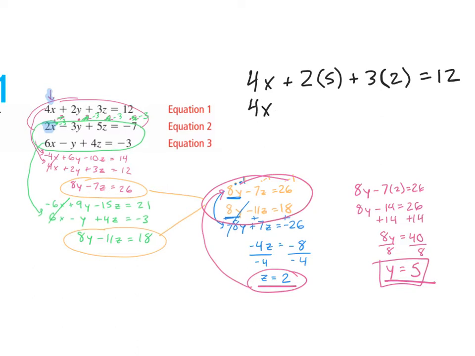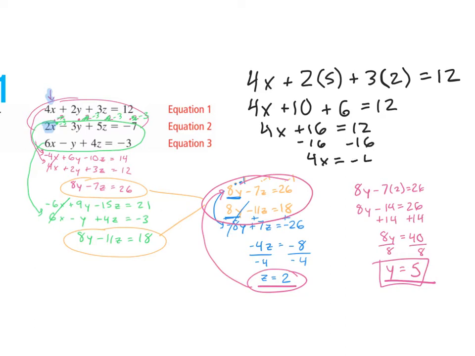So 4x plus 10 plus 6 is equal to 12. 4x plus 16 is equal to 12. Minus 16 on both sides. So 4x is equal to negative 4. What do we get for x? Negative 1.